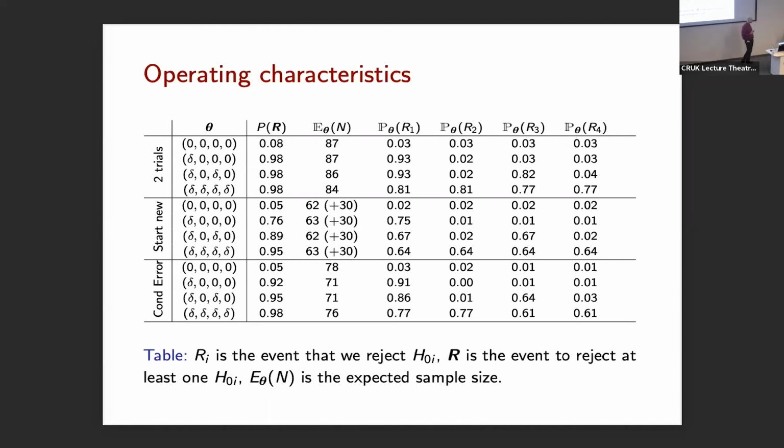If I go down in rows, you can see the advantage is I have a very high chance of finding at least one treatment, rejecting at least one hypothesis. And I'll need around 86, 87 patients until I reach my conclusion in this setting.